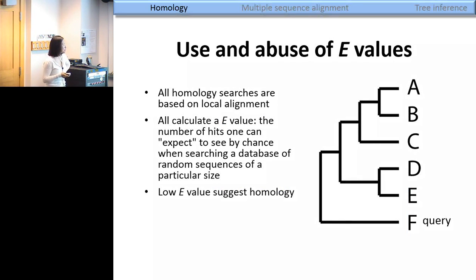One thing I want to stress is the use and abuse of the e-value. All our homology alignment software are local alignment, right? So the output is all about the section that aligns. It has nothing to do with the entire sequence. That's the first thing.